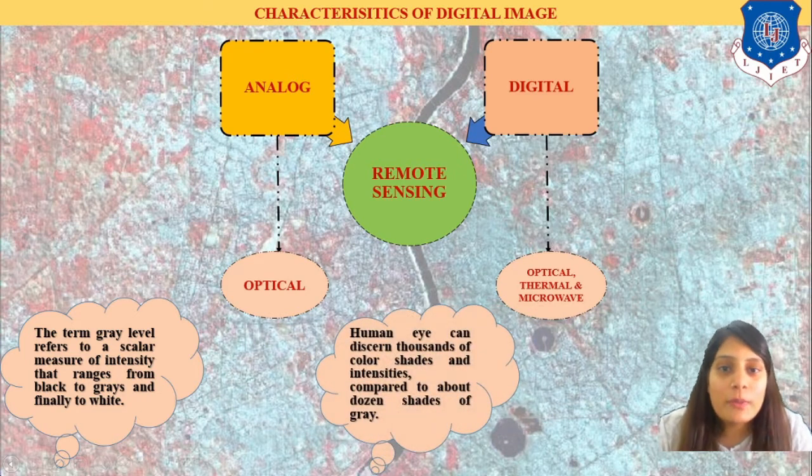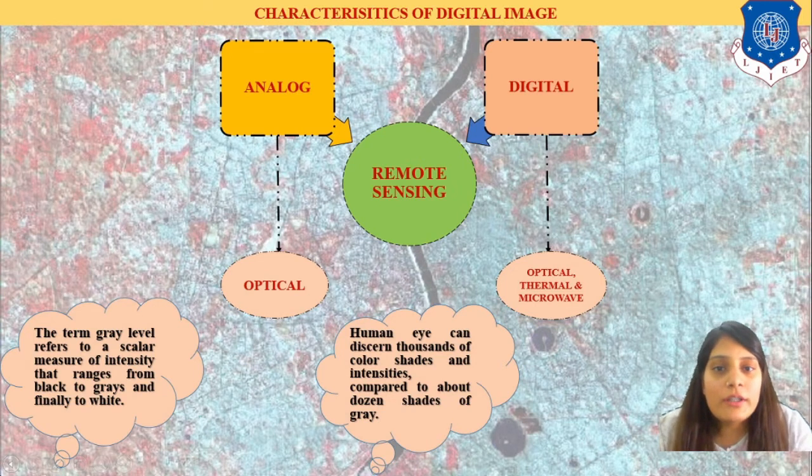Now, the human eye can identify thousands of shades, and for clear identification of the features, we require digital processing on it. So, these are the characteristics. We get them from the analog and the digital things, and that is the whole spectrum range of electromagnetic, optical, microwave, thermal, infrared, and according to the image we will classify and do the enhancement of the image.